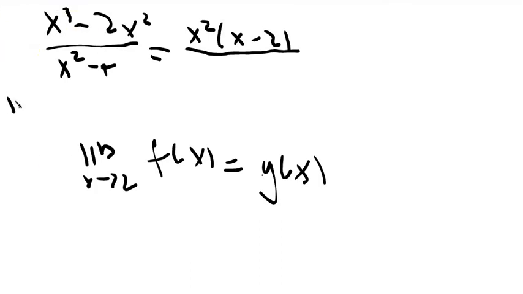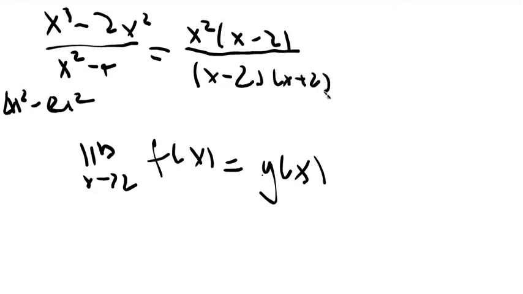So that'll be the same thing as x squared minus 2 squared. So x minus 2 multiplied by x plus 2. So what does this equal? Well, you probably see that you cancel some stuff out. It's exactly what we're going to do. So let's cancel these two.